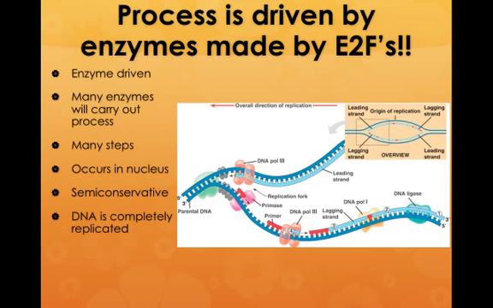Replication really begins when the cell receives a signal called growth hormone that signals something called TGF-beta, which then cascades and catalyzes reactions that express and unmethylate genes responsible for making things called E2Fs, which are transcription factors.